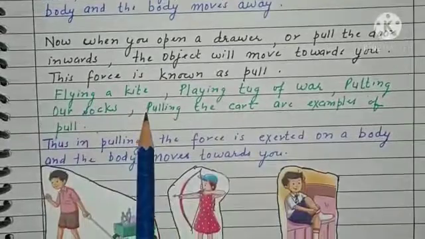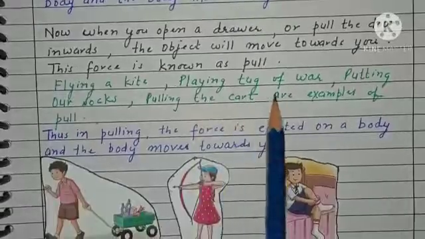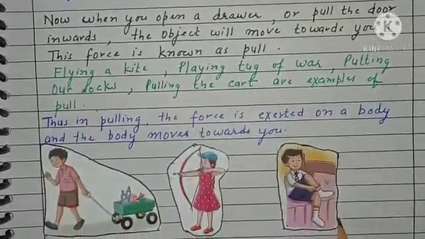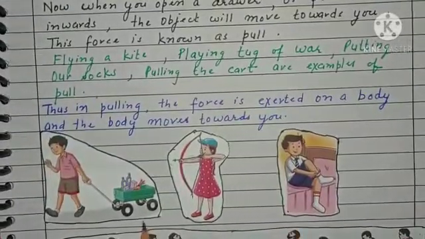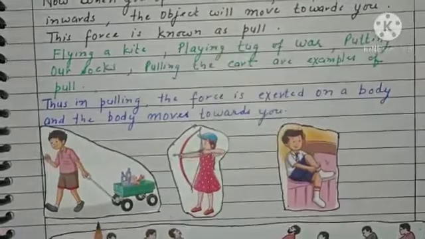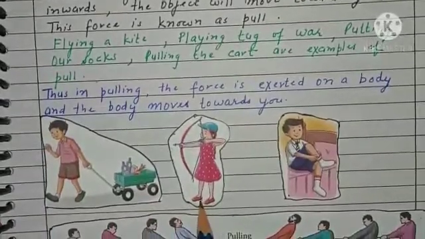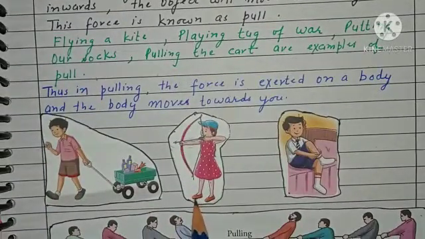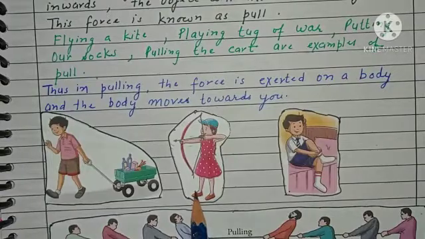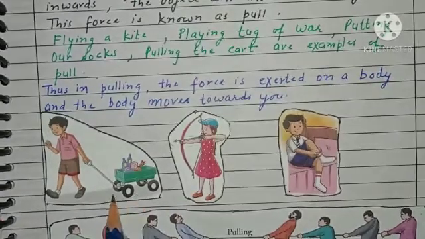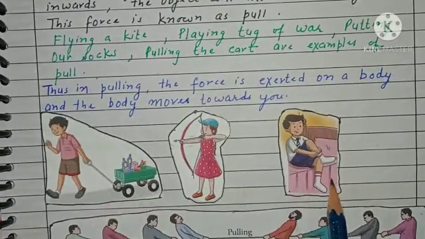Flying a kite, playing tug of war, putting on our socks, or pulling a cart, pulling the string of a bow are all examples of pull. Thus, in pulling, the force is exerted on a body and the body moves towards you.